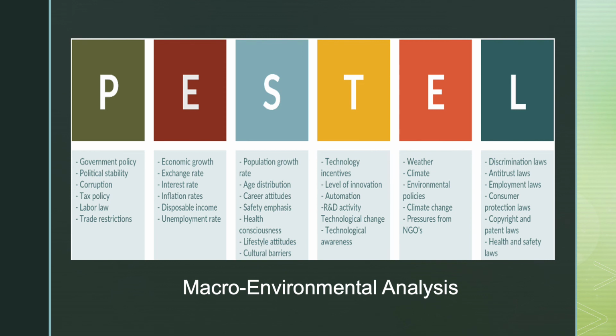So imagine, if you will, the university that you're currently taking courses from in this macro environment, with the threats of COVID and the doomsayers discussing what might be the result for higher education. I want you to think about any industry and any company in terms of what political changes, what government action, what labor law, trade restrictions, how might that impact the business that you are looking to analyze?